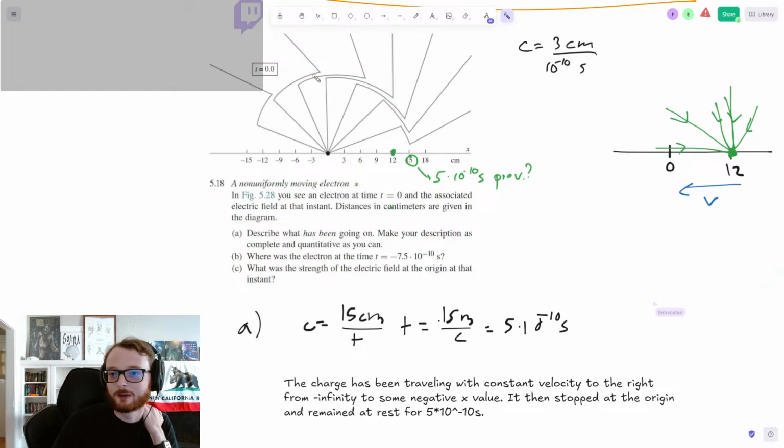So miraculously, somehow, I don't know how exactly that works, the field is pointing at 12, and over time it's going to point further and further to the right until it gets updated. Well, that's very mysterious to me.